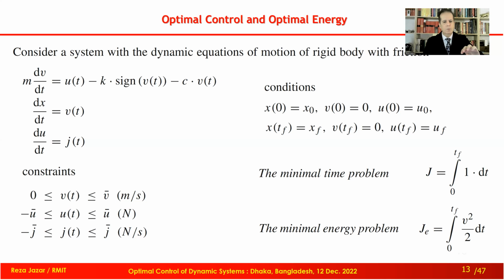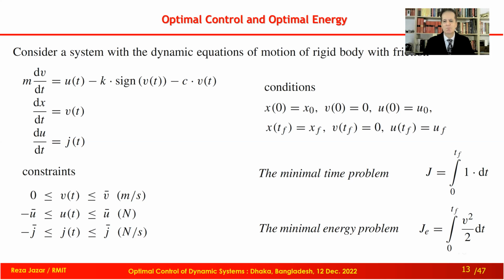Anyway, consider a system. It means one particle. Here, upper left, 4 equations are the equation of motion of a single particle with mass m equal to u of t. U of t is not University of Toronto.